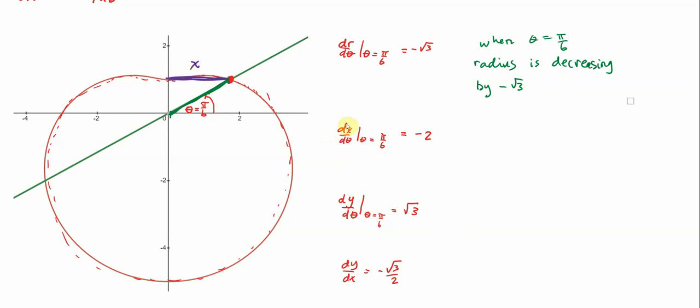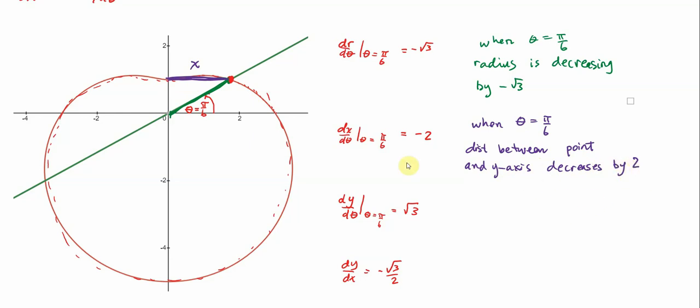When theta is equal to pi over 6, the distance between the point, whatever this coordinate is, and the y-axis, this x length here, is decreasing at a rate of 2.